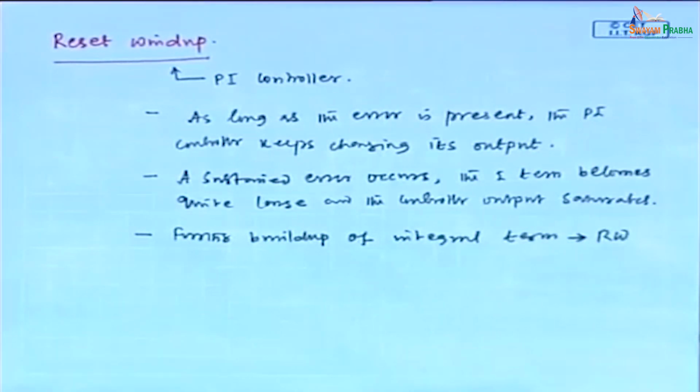So, as long as the error is present, the controller keeps on changing its output by integrating the error. When a sustained error occurs, the integral term becomes quite large and the controller output eventually saturates. Further build up of integral term is called reset windup.